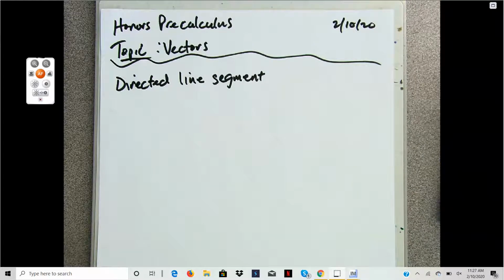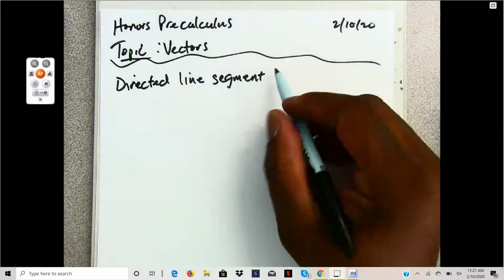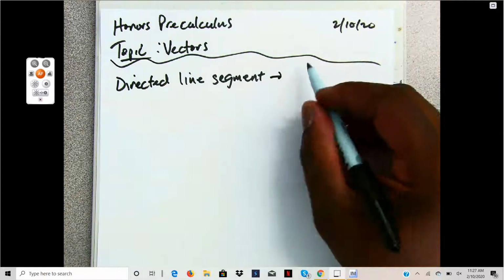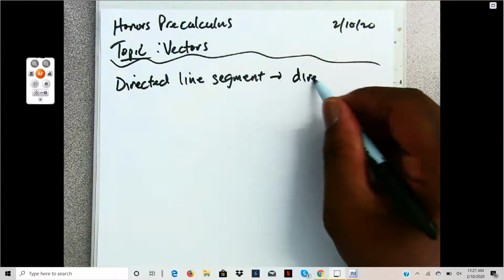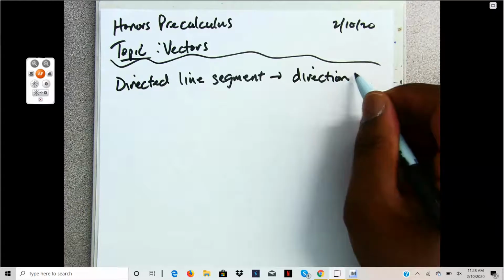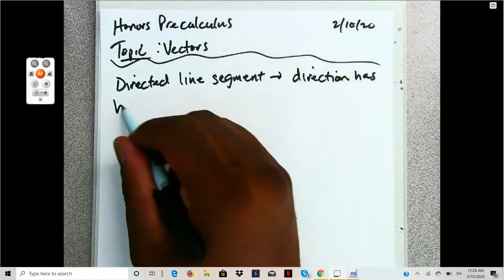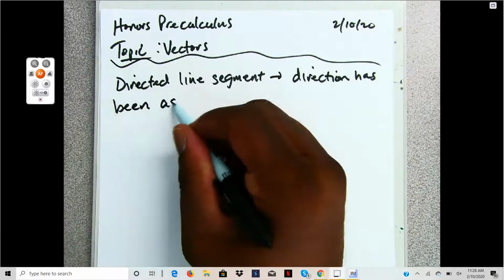Today, we're going to take a look at the directed line segment, where the direction of the line segment is important. So a line segment to which a direction has been assigned.